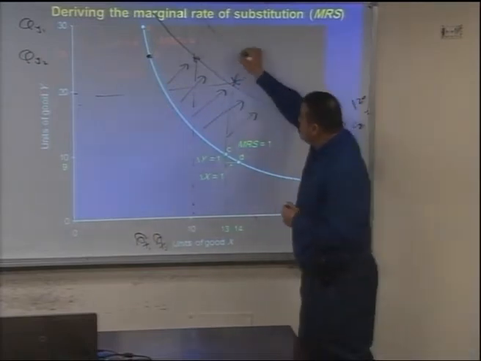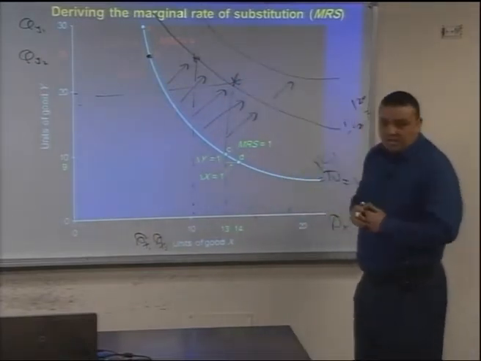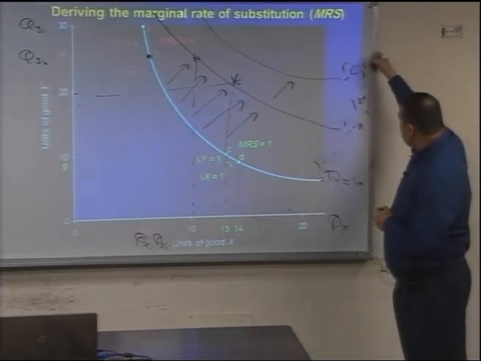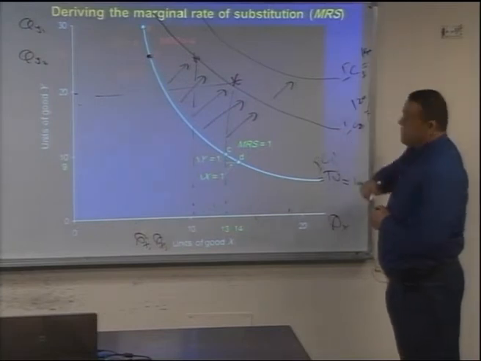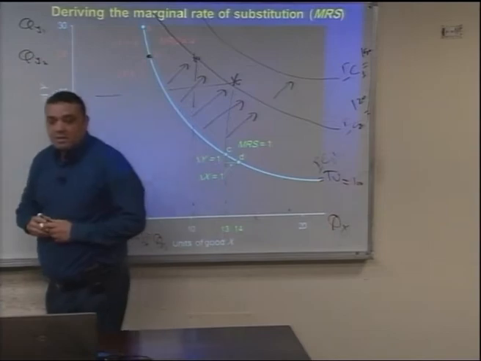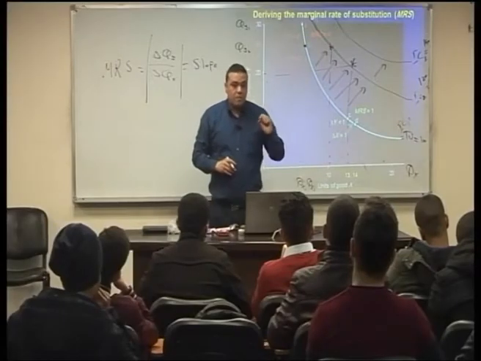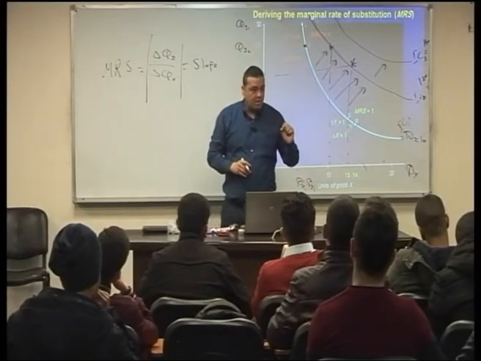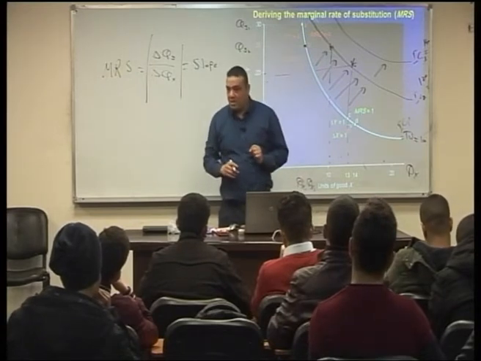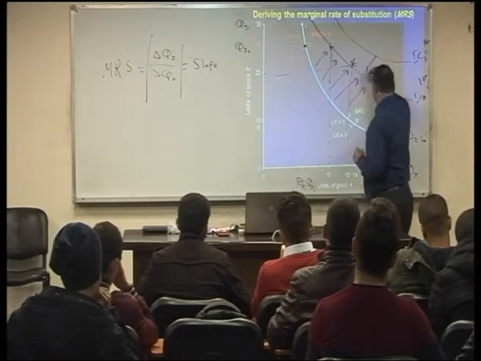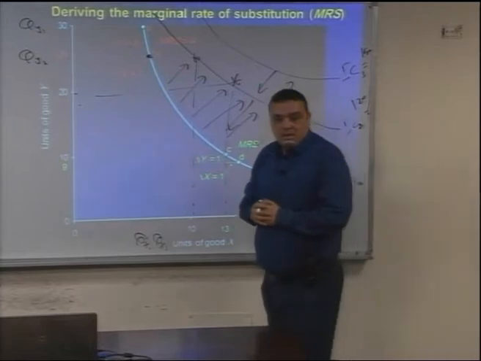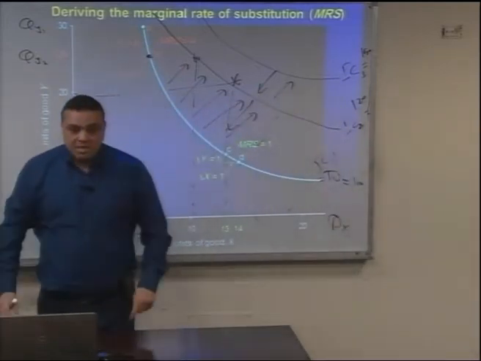Rightward shifting to IC3 gives larger total utility, 150. So the theory says that a rightward shifting in the indifference curve means that the consumer will get larger total utility, and vice versa. The leftward shifting in the indifference curve means that the consumer will get smaller total utility.